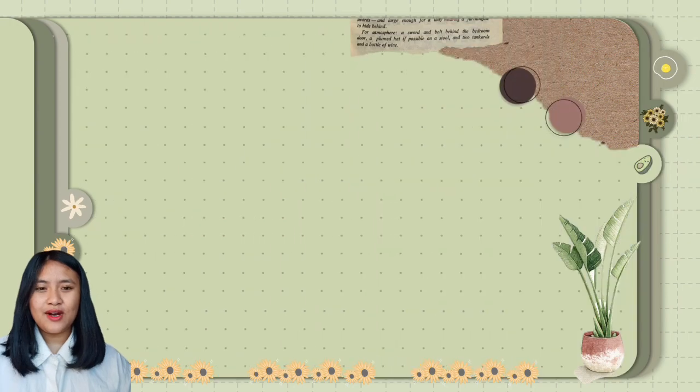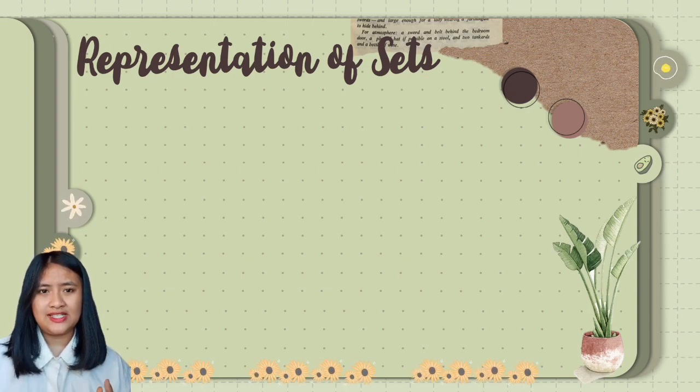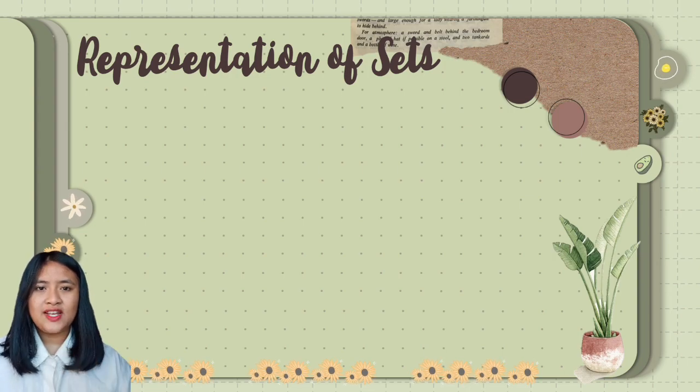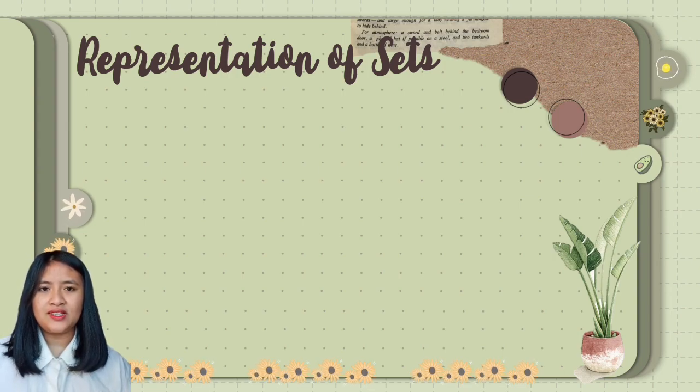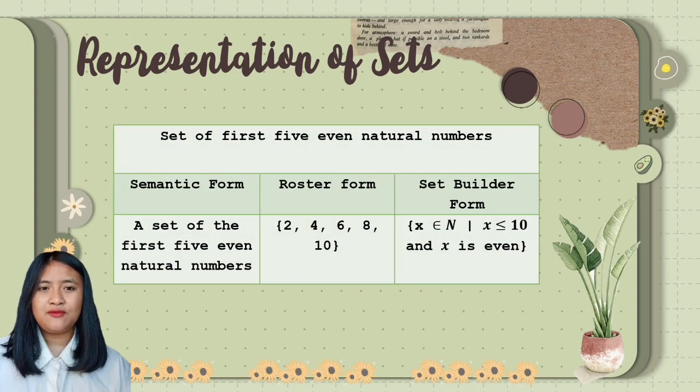Now let's talk about representation of sets. There are different set notations used for the representation of sets in set theory. They differ in the way in which the elements are listed. The three set notations used for representing sets are: first, semantic form; second, roster form; and third, set builder form.